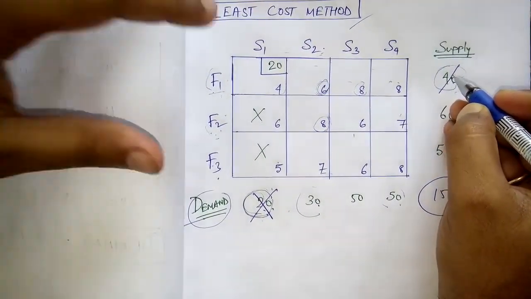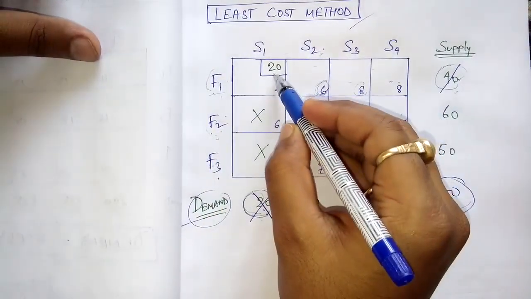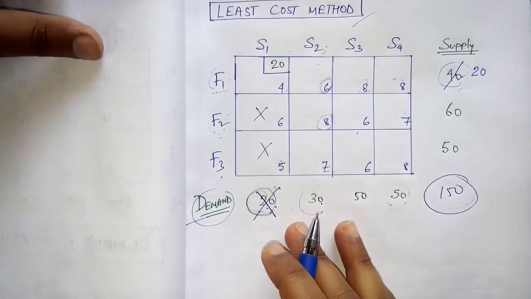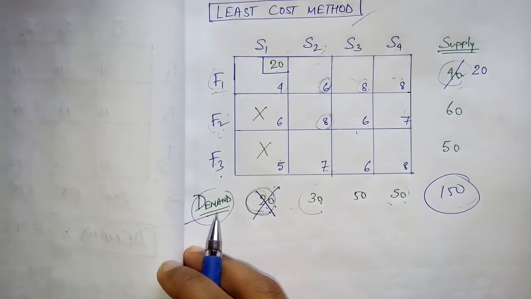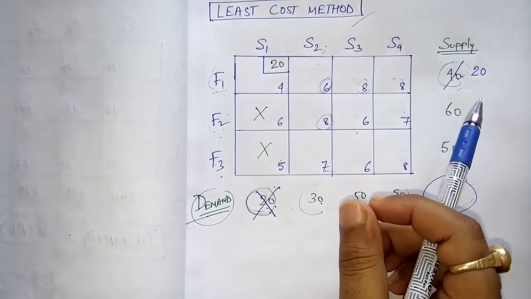Initially, how many goods can factory 1 supply? 40, but now it has given 20. So how many goods are left? 20. Okay, very easy.